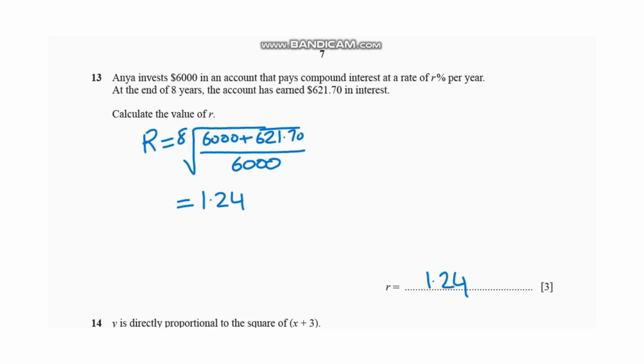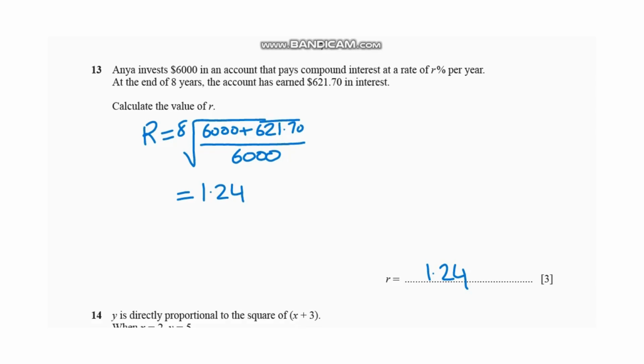Calculate the value of R. So the value of R will be the 8th root of 6,000 plus 621, because the total amount that she has received is 6,621.70, divided by 6,000. So the answer will be 1.24%. So the interest rate is 1.24%.